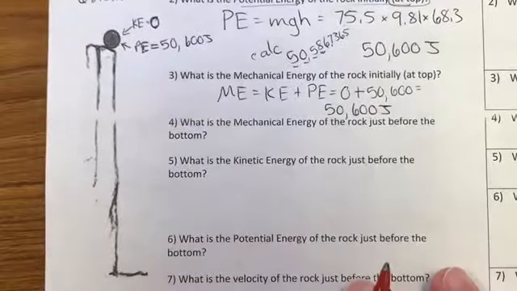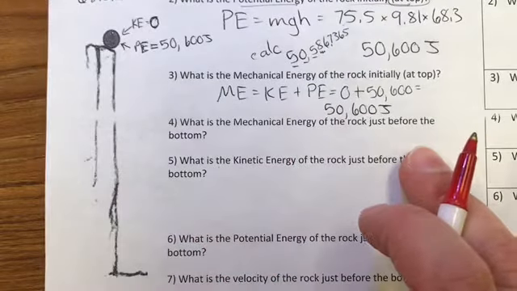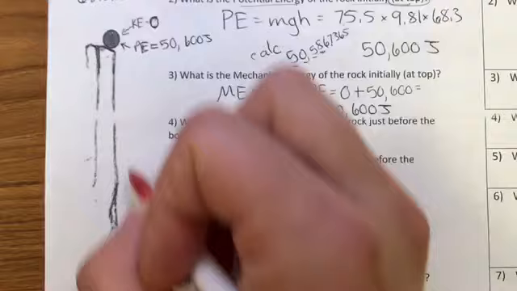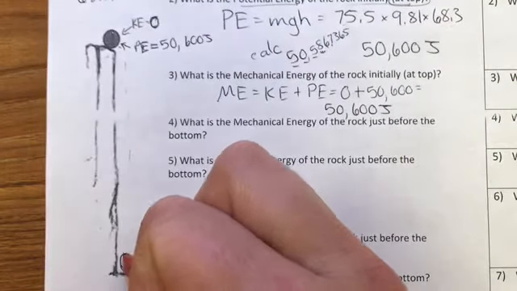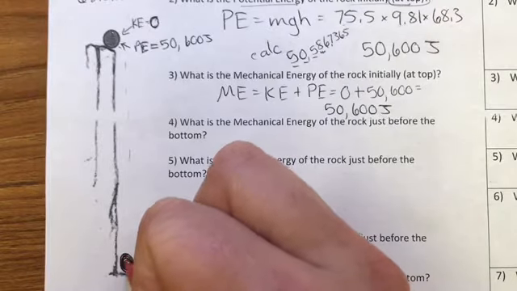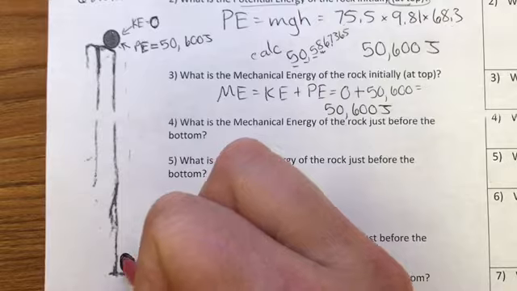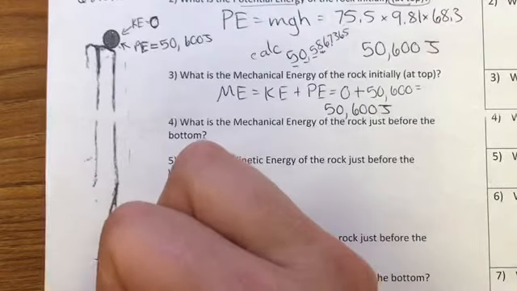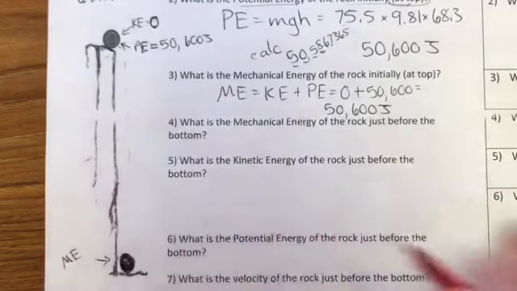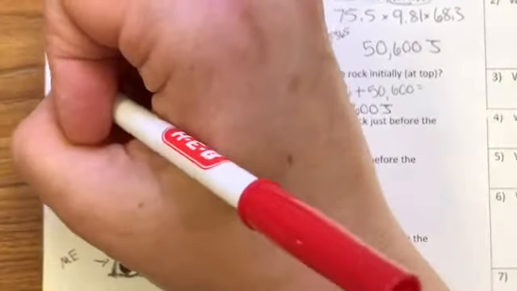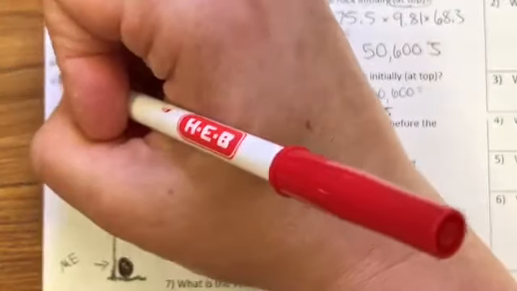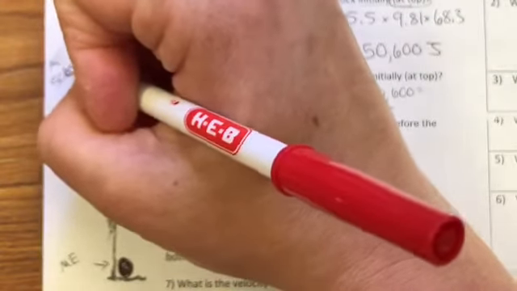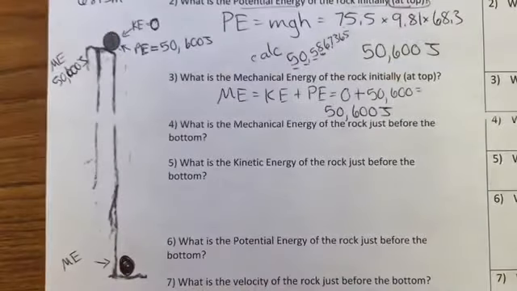Okay, now it's going to ask, what is the mechanical energy of the rock just before hitting the bottom? So that rock falls right here, okay? Hasn't actually hit the bottom yet, but where it's pretty much run out of height. The first question asks, well, what's the mechanical energy? Well, the mechanical energy we said was 50,600 joules at the top.